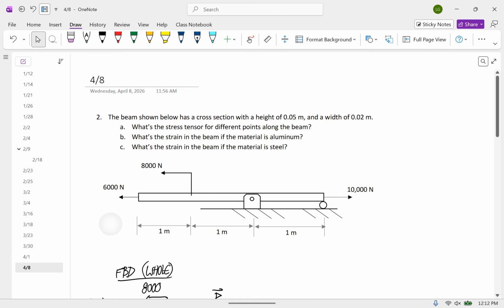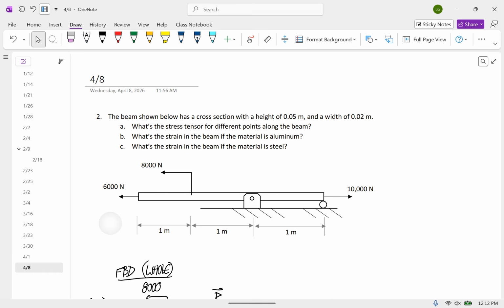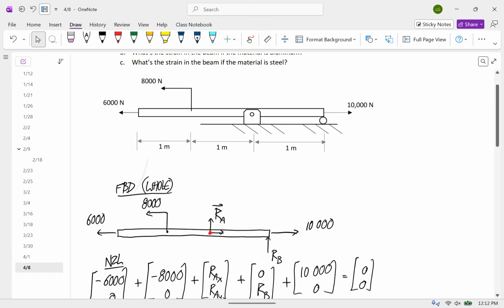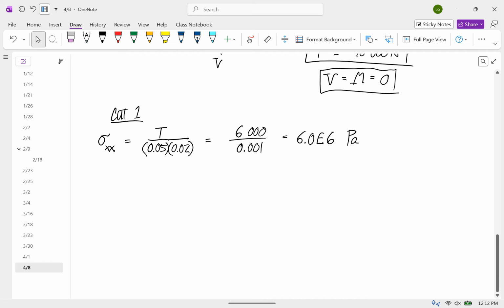And for different points along the beam, calculate the stress tensor. And then we're going to calculate the strains for two different materials. So the stress tensor, the only thing going on is internal tension, so we don't have to add any other stress tensors to it. This is 6 times 10 to the 6, and zeros.